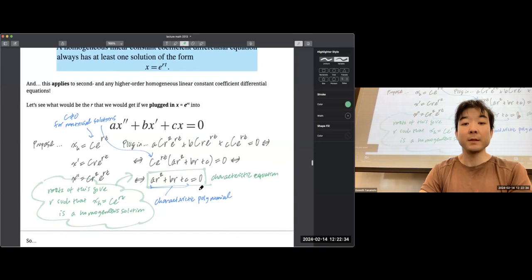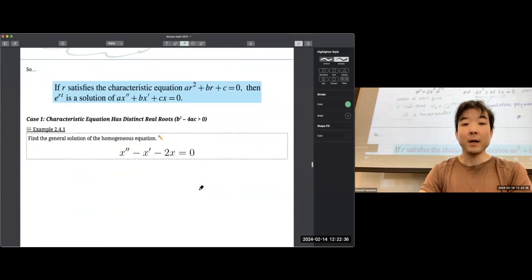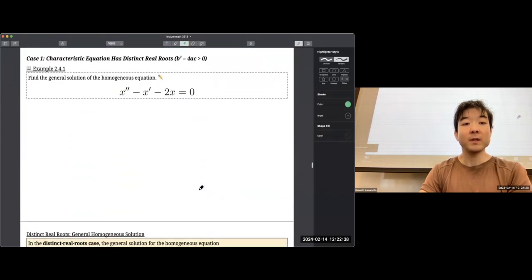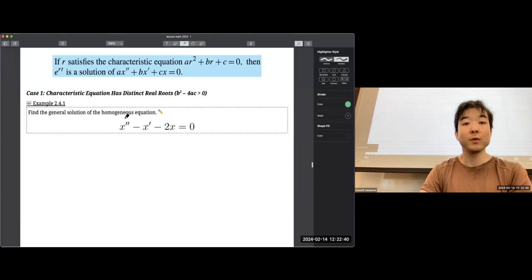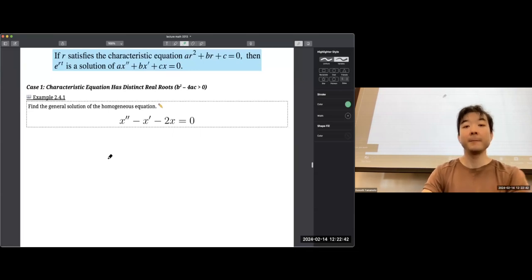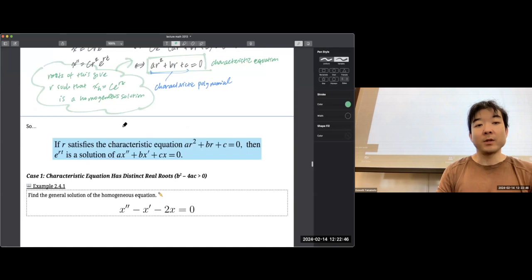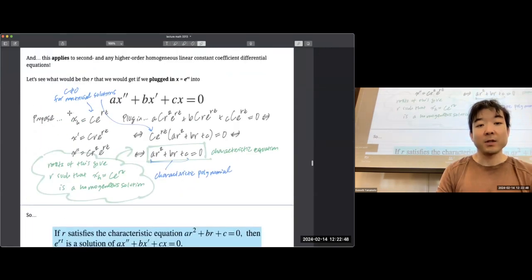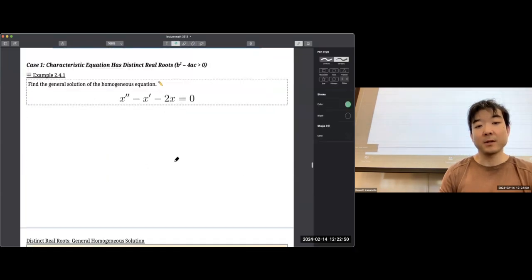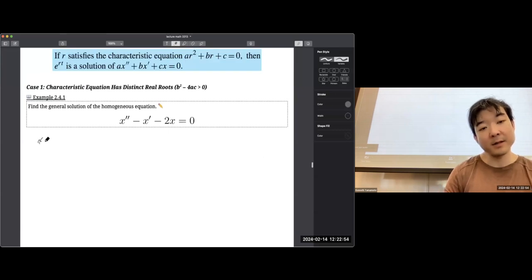So we can use this to solve, for instance, what's the homogeneous solution to this differential equation right here. Again, we are just going to use this observation that you have x equal to c e to the rt.